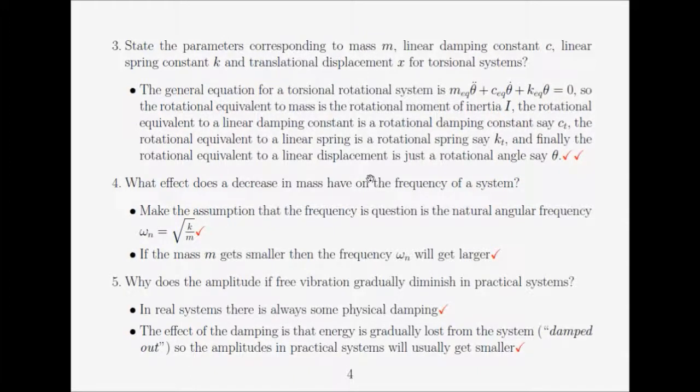The physical reason for that is that real systems always have some sort of physical damping, typically called viscous damping, and viscous damping basically takes energy out of the system. So the system has some initial energy. Say for the sake of argument, it has initial kinetic energy and potential energy of 10 joules. We perturb the system, it starts vibrating and oscillating, and eventually the energy will die down to zero because the damper is basically taking energy out of the system.